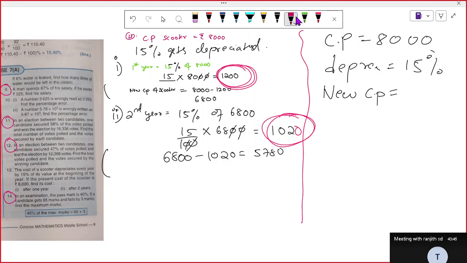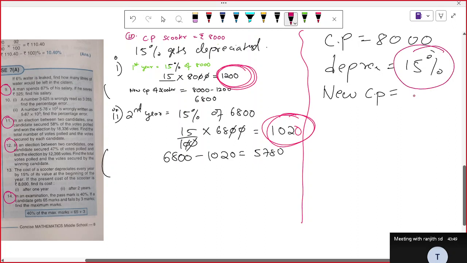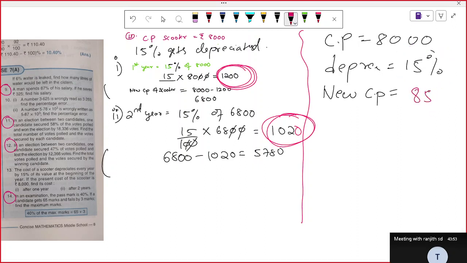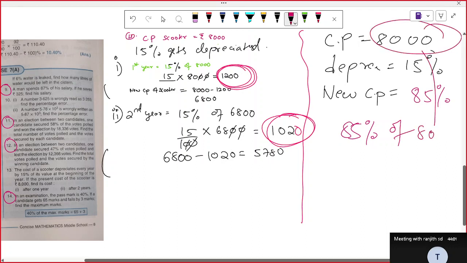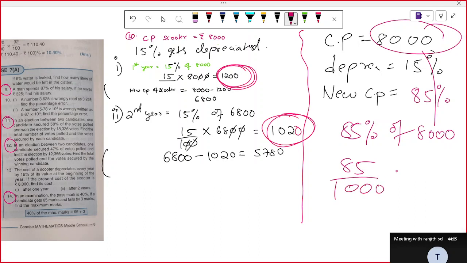What is remaining, students? Out of 100%, 15% is reduced, so 85%. The new value is 85% of what? 85% of 8,000. Find 85% of 8,000 and check what you get.